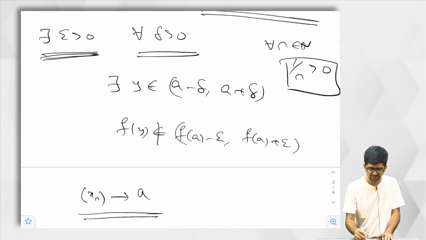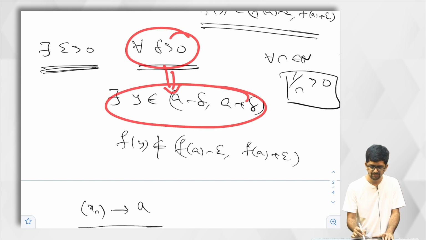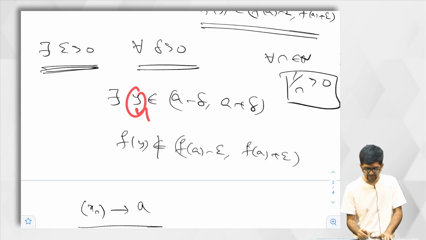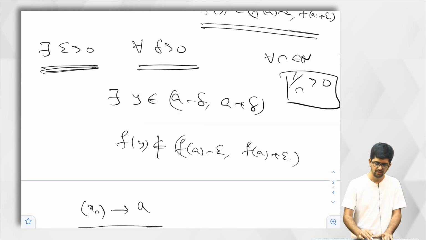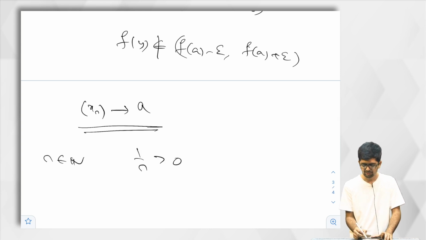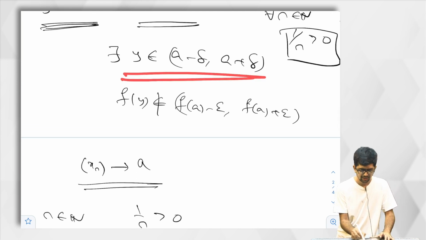So we apply this for this element 1 by n and get an element yn in this interval. So for n belongs to N, we have 1 by n positive, and for that element, what does this say? There is an element y belongs to here.